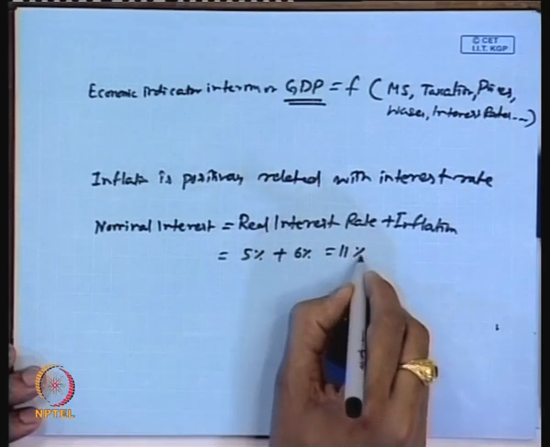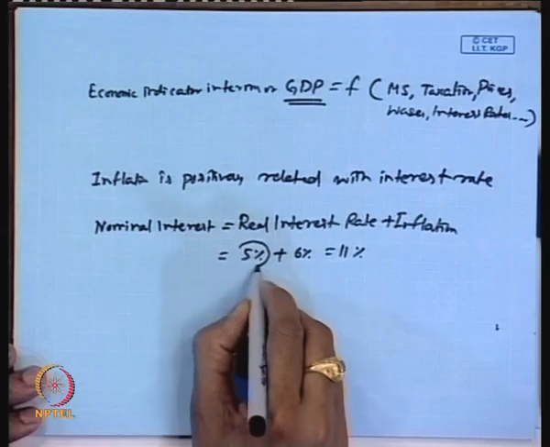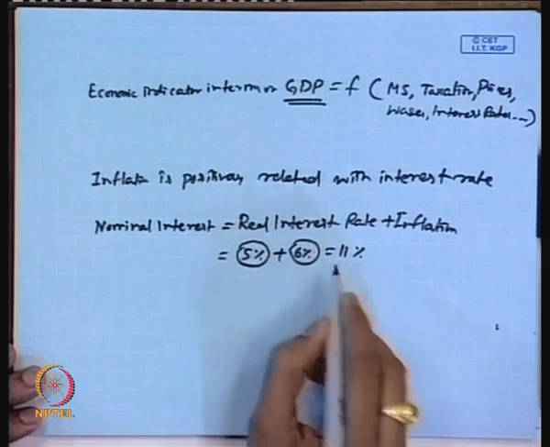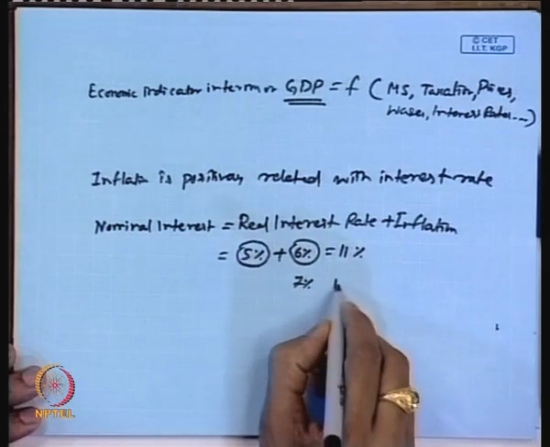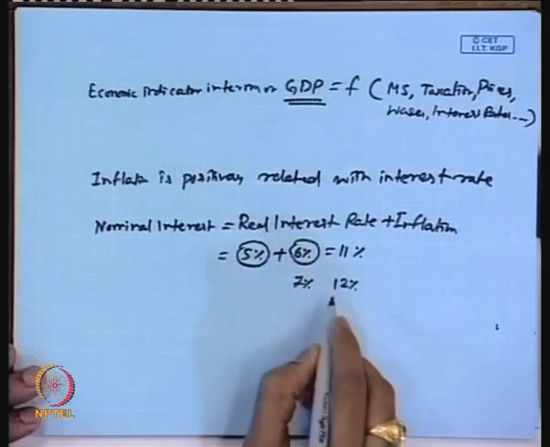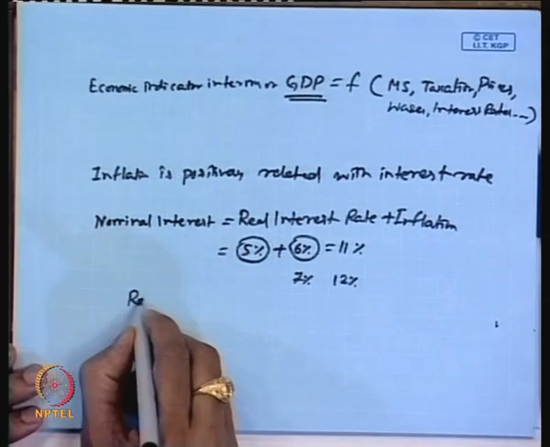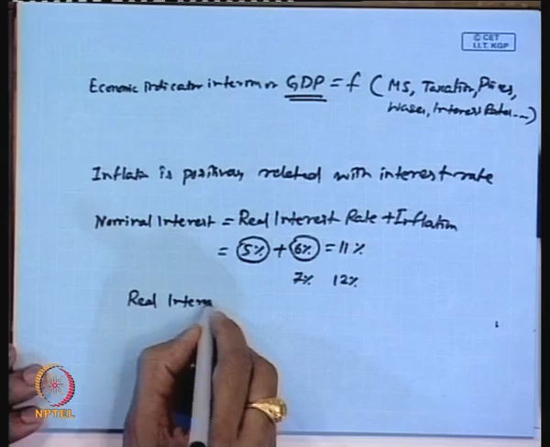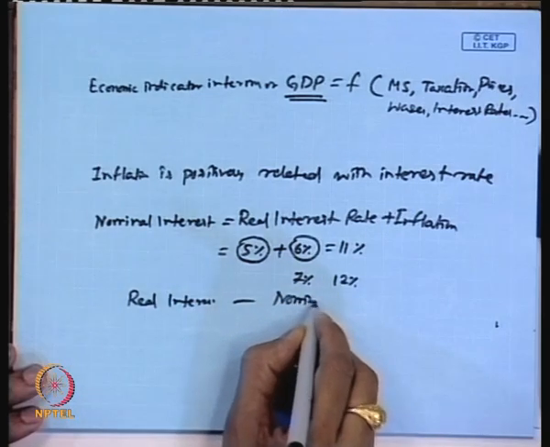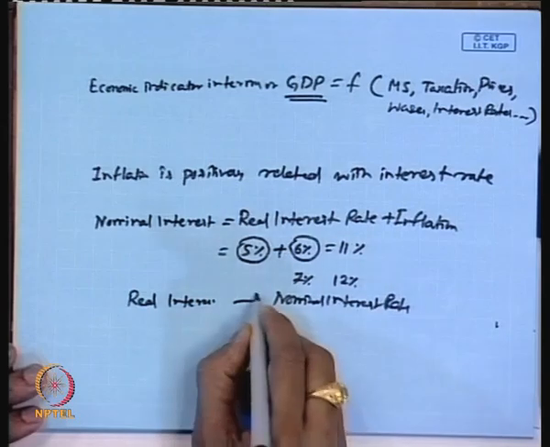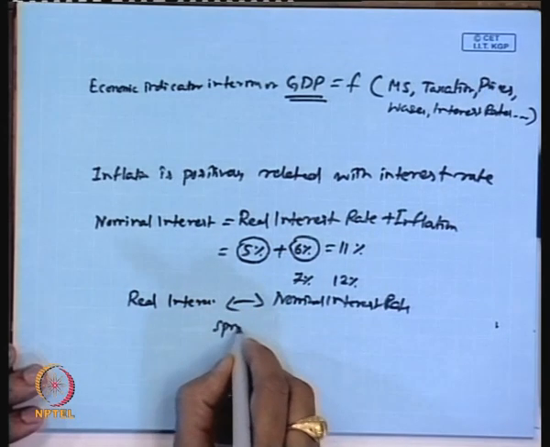So, the interest rate can now be 11%. The real rate remains constant, but if inflation becomes 7%, then it becomes 12%. So, there is going to be a spread between the real interest rate and the nominal interest rate.